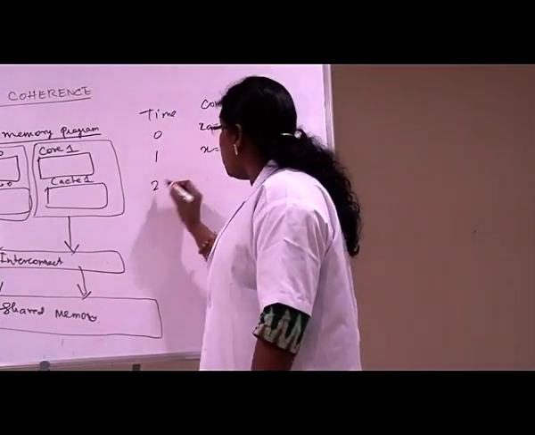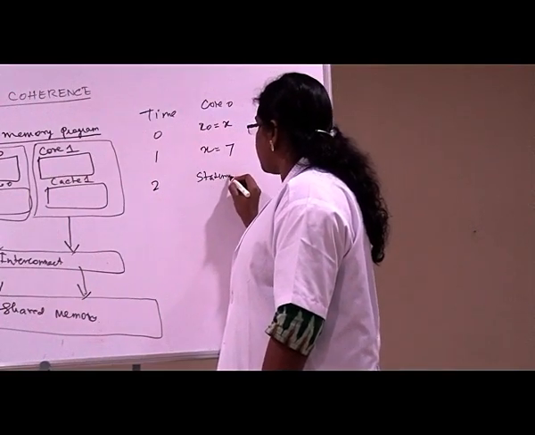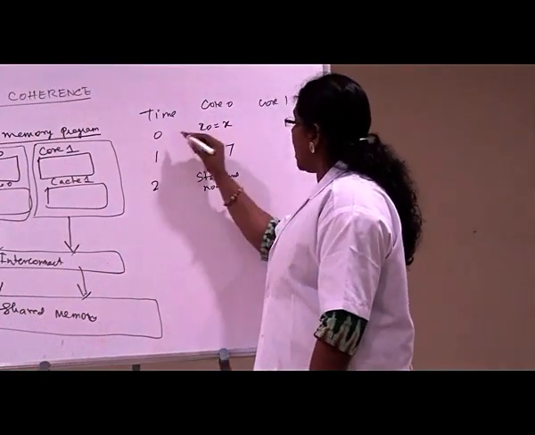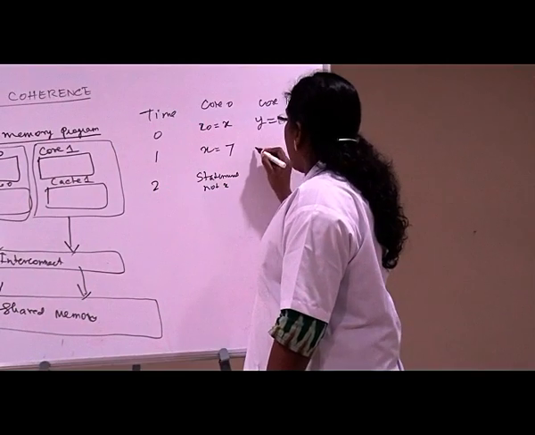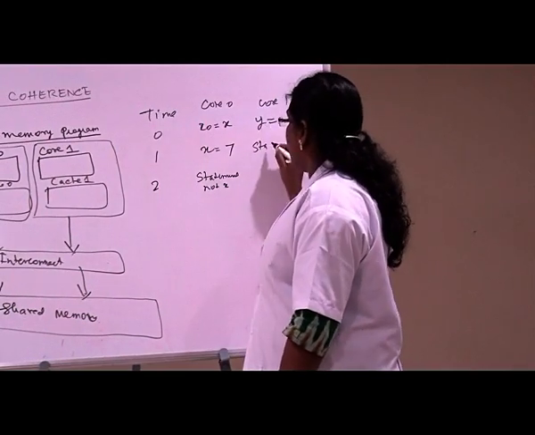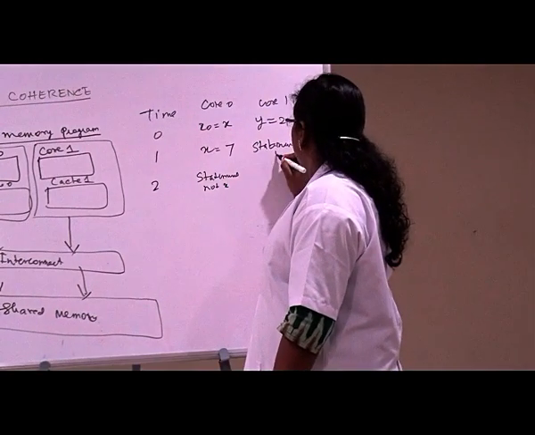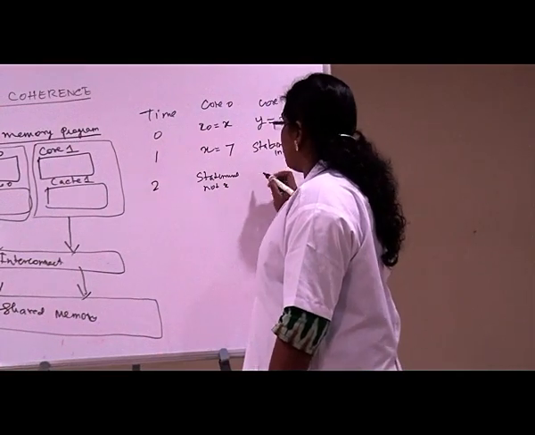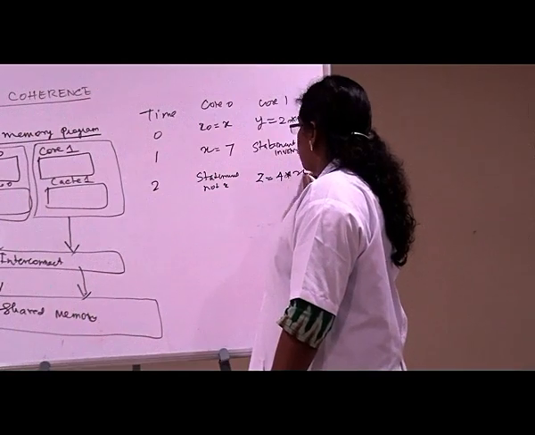At time 2, it will be executing a statement that does not involve x. In core 1, at time 0, it will be executing y = 2 * x, and at time 1 it will be executing a statement that does not involve x. At time 2, it will be executing z = 4 * x.